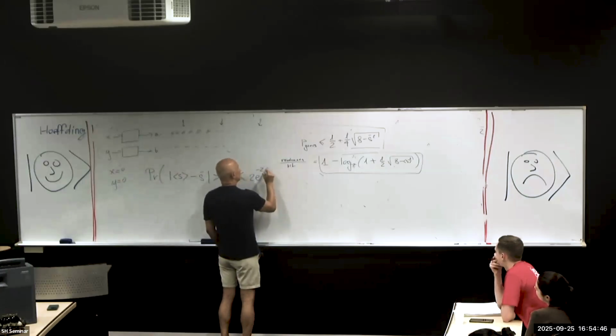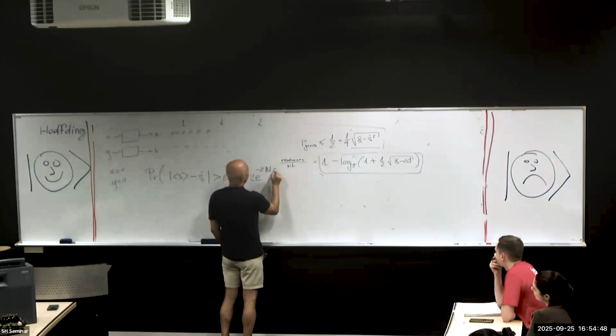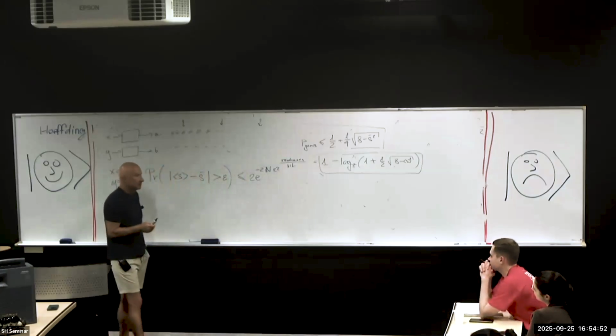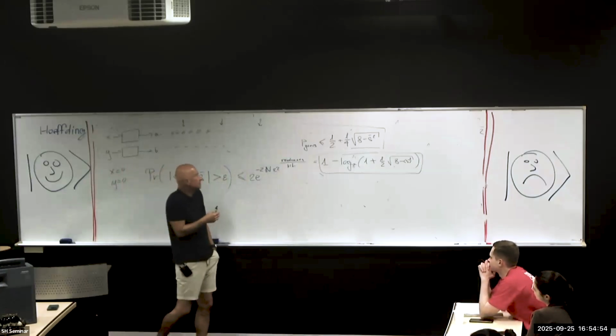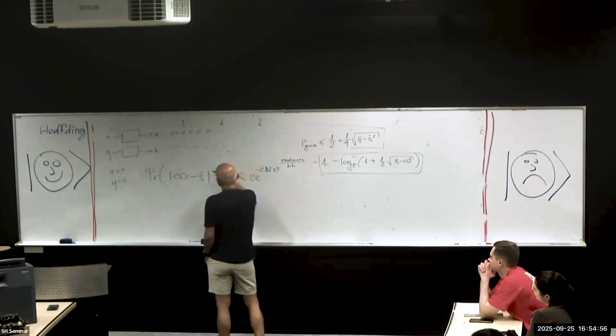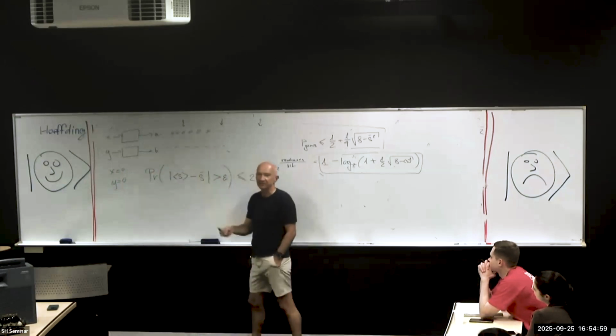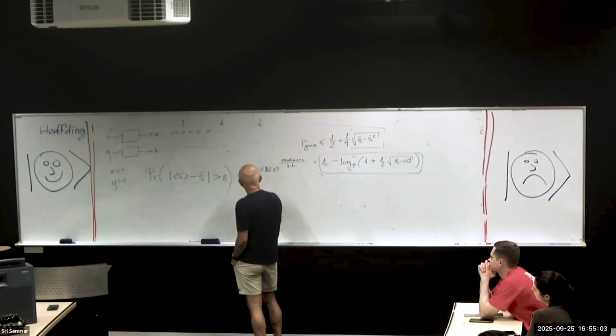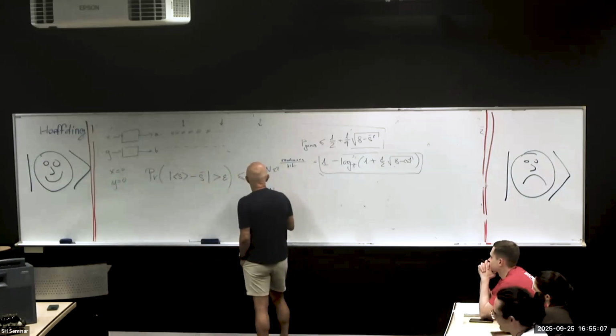Put capital N as the total number of things generated. So suppose I'm going to choose a small number n to test, which is equal to q times capital N.